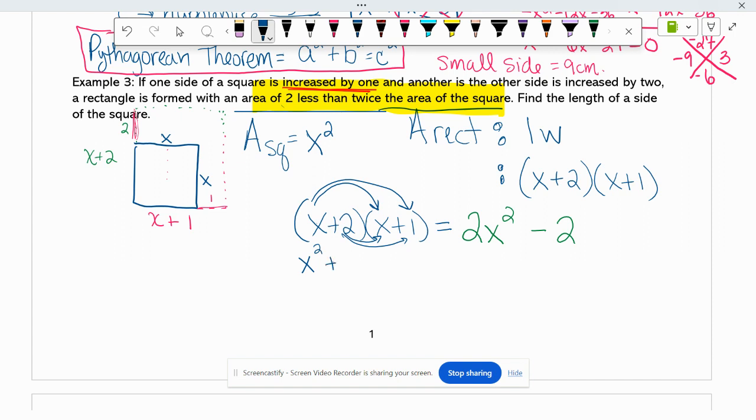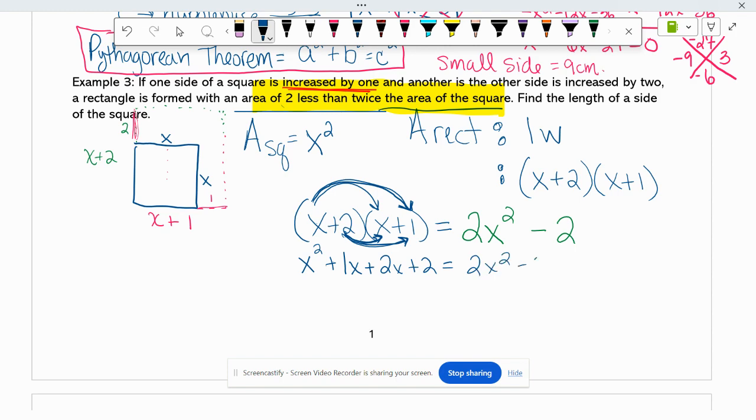Seamus, x times 1 is? Good. 2 times x. Kimber, 2 times x is? 2x. And 2 times 1. Tayana, 2 times 1 is? 2.